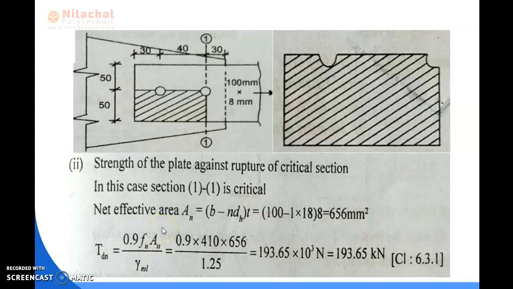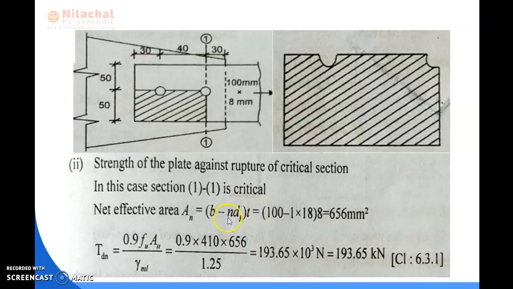For calculation of An, the formula is (b minus n dh) into t, where b is the width of the plate, n is the number of bolts in the critical section, dh is the diameter of the bolt hole, and t is the thickness of the plate section.